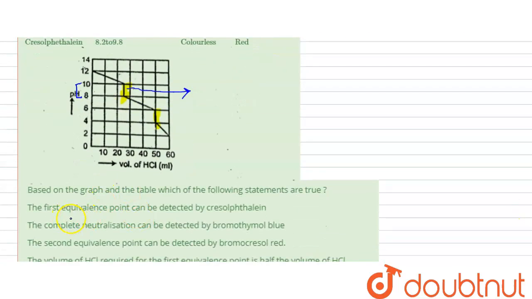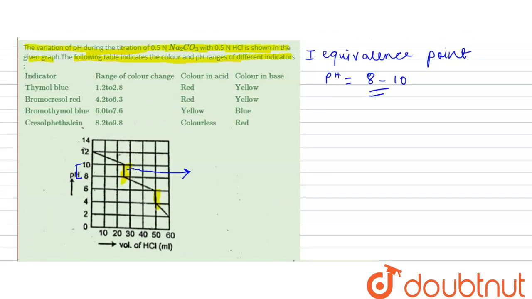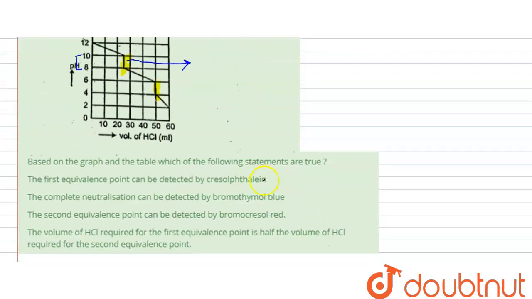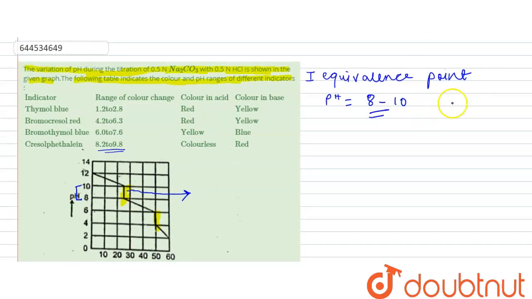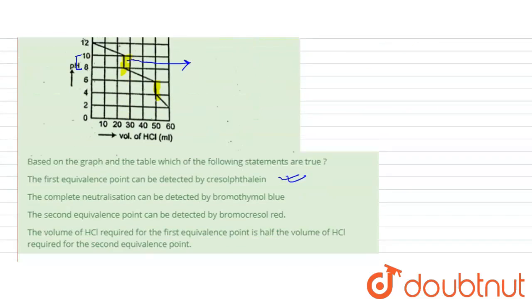What was asked in the question: the first equivalence point can be detected by Cresolphthalein. Cresolphthalein has 8.2 to 9.2, which is in the range of 8 to 10. So the color change will be there with Cresolphthalein. So this is the correct statement, because you have the first equivalence point in the pH range of 8 to 10.